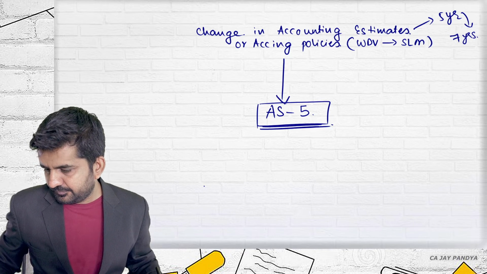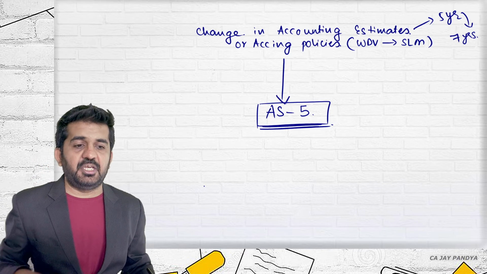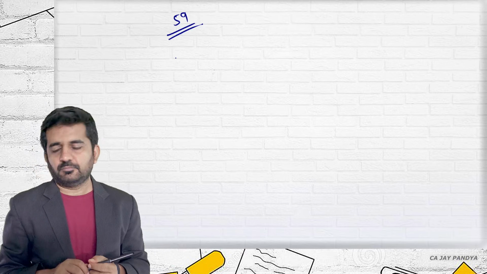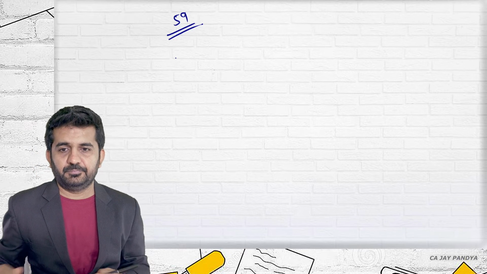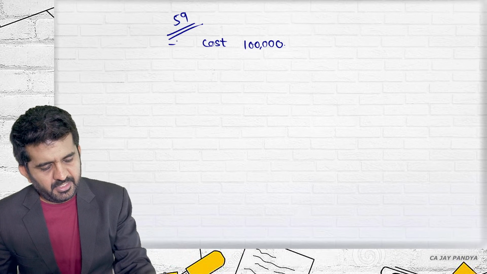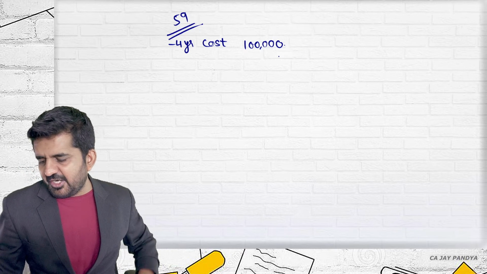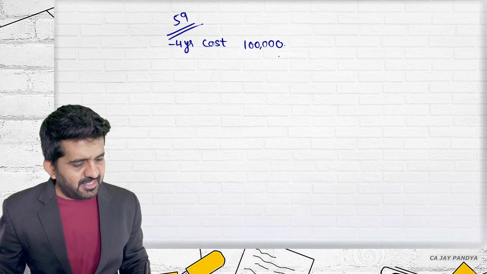We are going to question number 59, page number 16.19. An entity purchased an asset 4 years back for rupees 1 lakh, with an estimated useful life of 10 years and nil residual value.